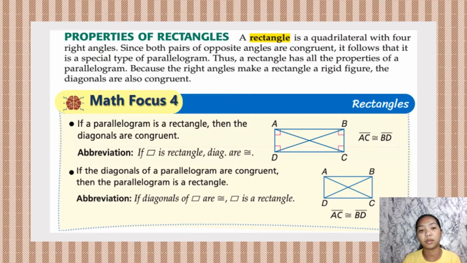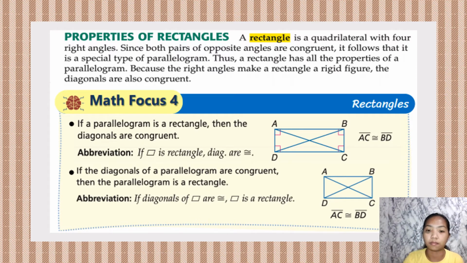So first, I will be talking about properties of rectangles. A rectangle is a quadrilateral with four right angles. So all of its angles measure 90 degrees, and both pairs of opposite angles are congruent.